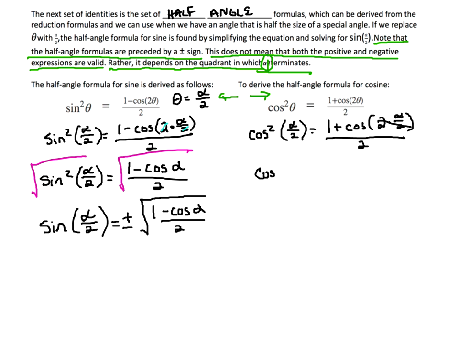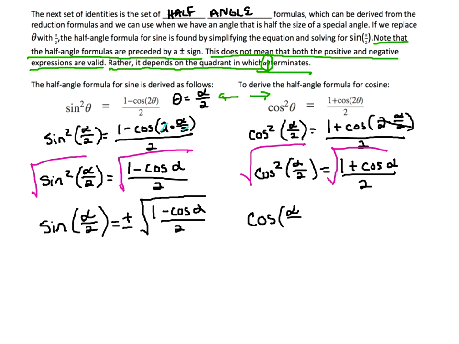My 2's divide out there, so I've got cosine squared alpha over 2 equal to (1 plus cosine alpha) over 2. Take the square root of both sides. And I get cosine alpha over 2 equal to the positive or negative square root of (1 plus cosine alpha) over 2.